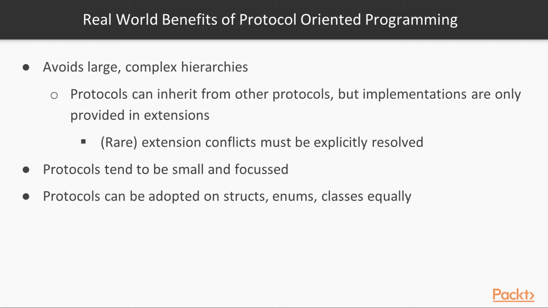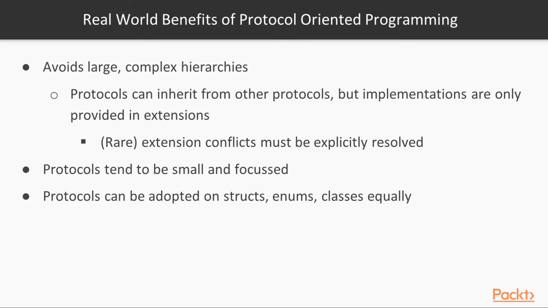Protocols can be formed into hierarchies, but without default implementations, they are just interfaces. When we use protocol extensions, we can inherit these default implementations, but we always have the ability to override them. This prevents us from calling back to the default implementations, which also avoids the kinds of hacks that this can lead to in traditional inheritance.